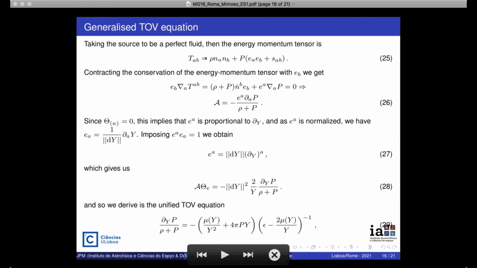Tolman-Oppenheimer-Volkoff equation. So now we consider a stress energy tensor of this form. For simplicity, you consider a perfect fluid. In the decomposition that we are considering, it can be written this way. So when we look at the conservation of the energy momentum tensor and project it along E, we get the acceleration.